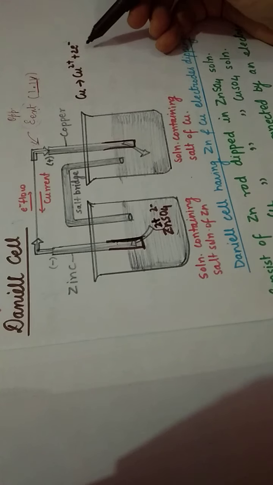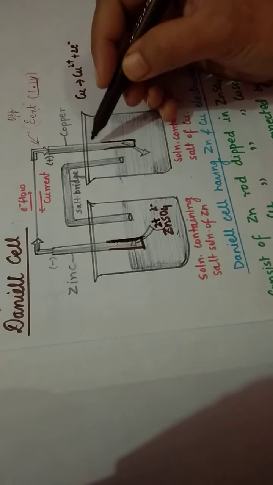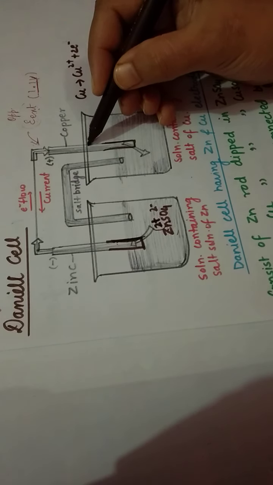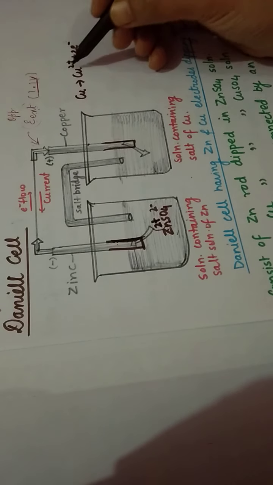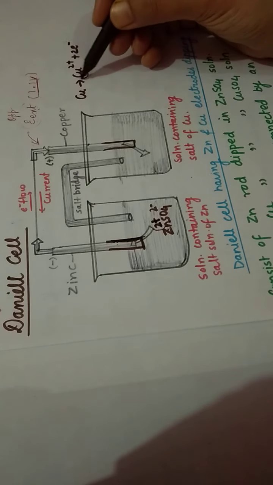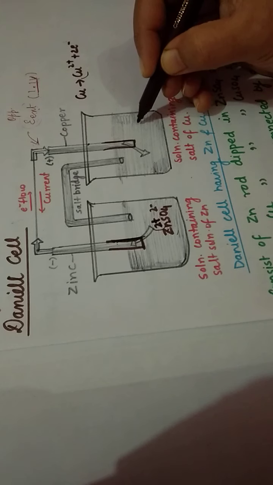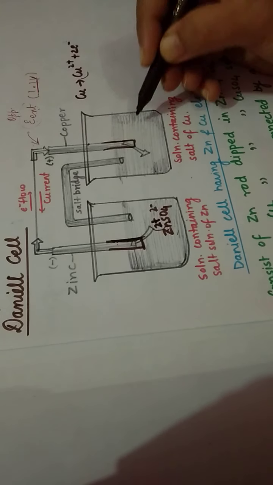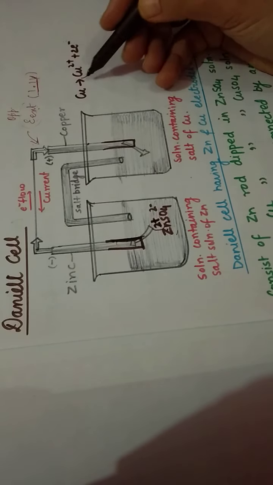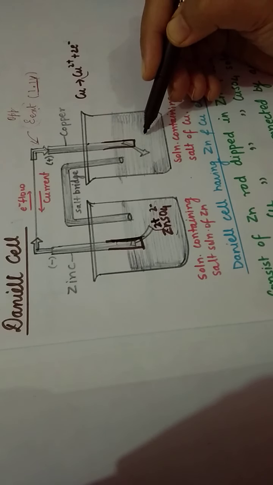Copper will lose 2 electrons. So these electrons will remain here and this Cu2+ will go into the electrolyte.